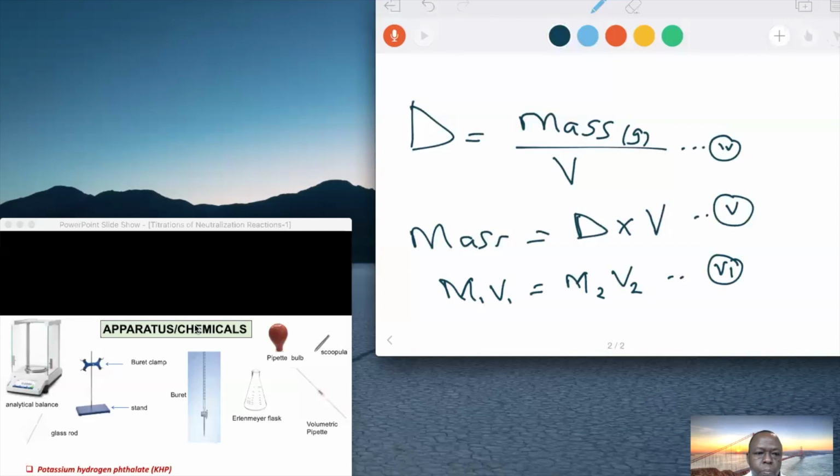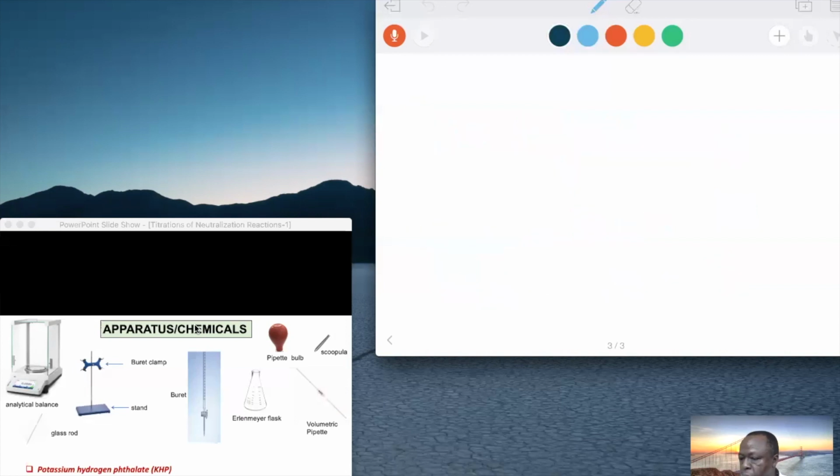I will overview the concept of titration, because when you move on to Chem 2, you'll be expected to know some of the terminologies associated with acid, base, and neutralization.